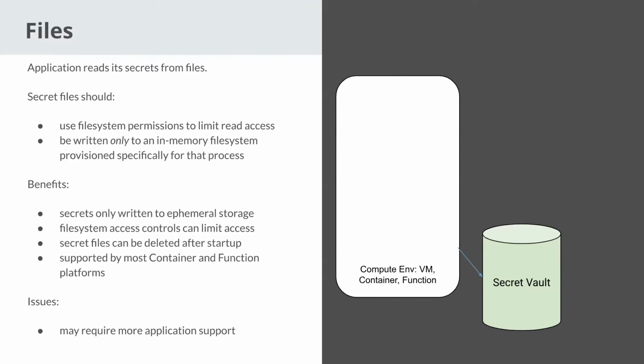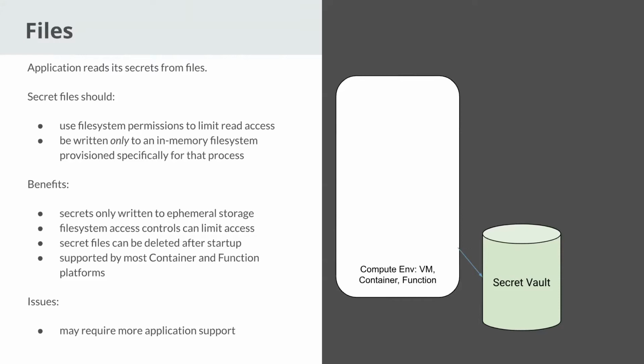Ideally, that in-memory file system should only be accessible to the application process that needs it. Container orchestrators and function platforms do this for you pretty much automatically at this point.